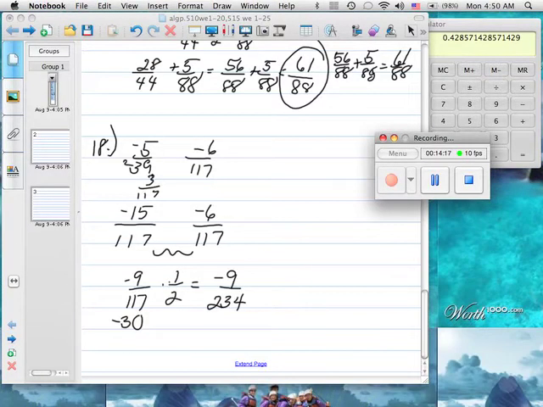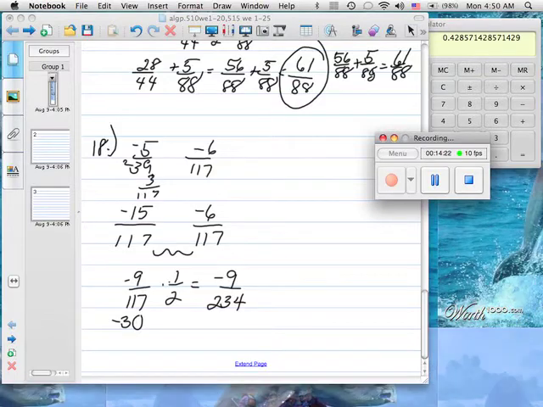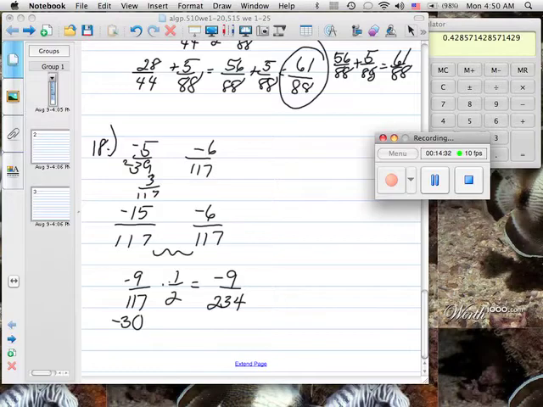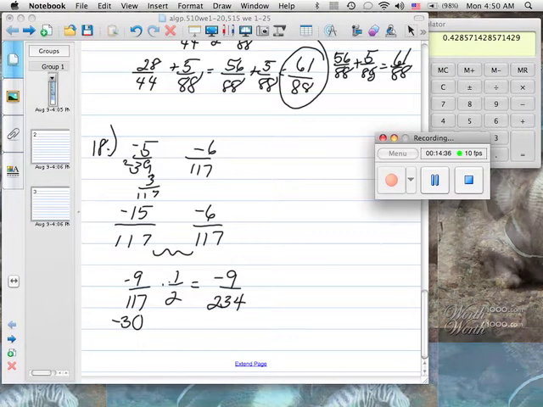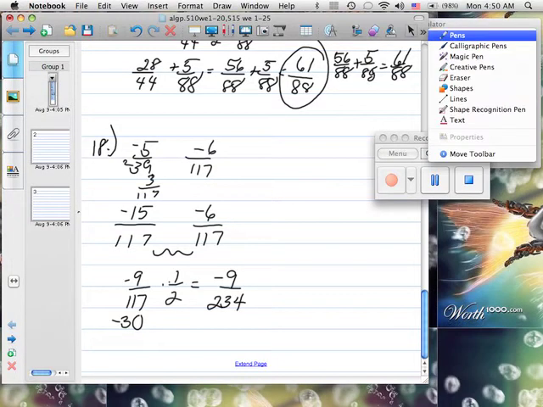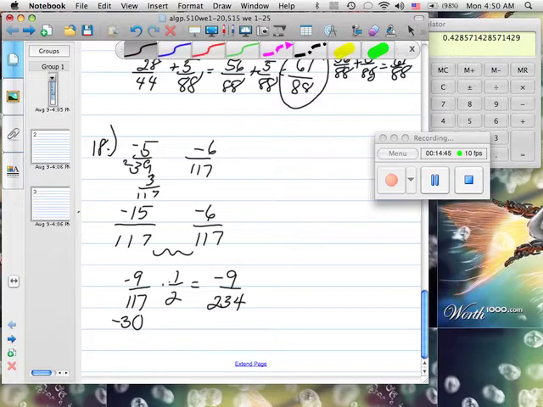My mistake was when I was multiplying the 117 by 2, it was 234, not 334. So taking half of 9, I found the distance between them was 9 over 117. So half of that would be 9/234, and we add it to the smallest one, so we make -15/117 into a fraction with the denominator of 234.